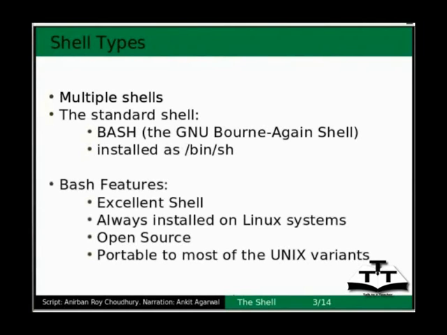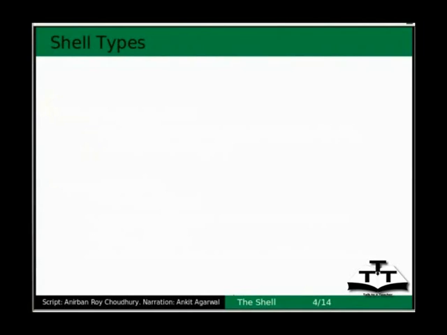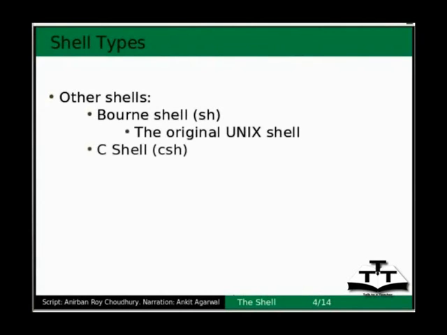Because this is an excellent shell that is always installed on Linux systems, is open source, and is portable to almost all Unix variants, bash is the shell we will be using. Other shells include the Bourne shell, which is the original Unix shell, C shell, and Korn shell.